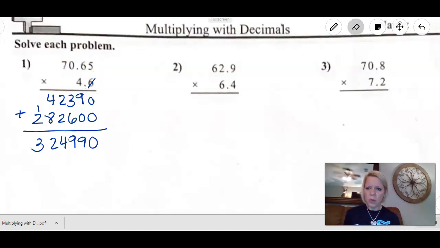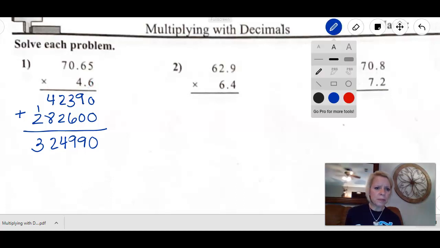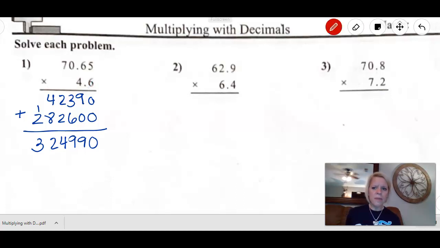Okay, let's look at our original numbers. Now if we think of just our whole numbers, remember last year we learned all about reasonableness and estimation. If we round these numbers to the nearest whole, which is to our ones place, this would actually round to 71, and this value would round to 5.